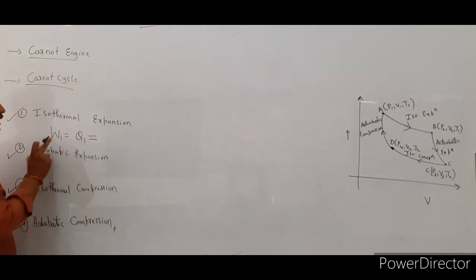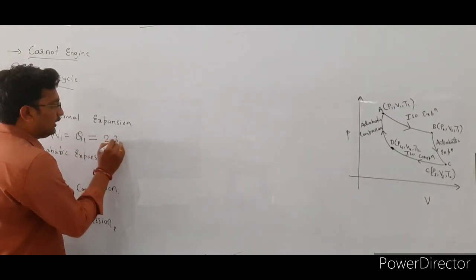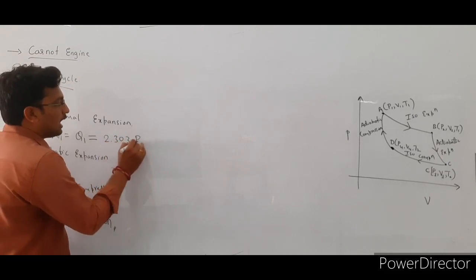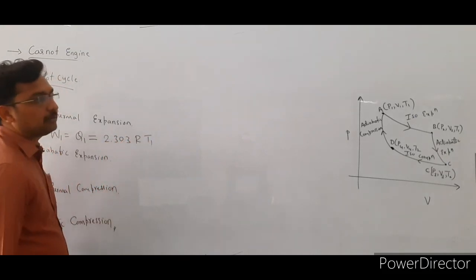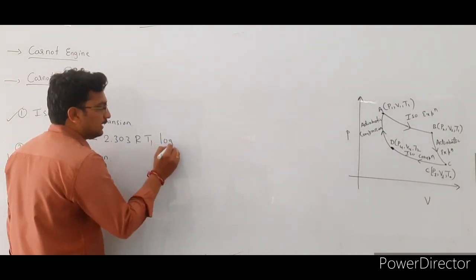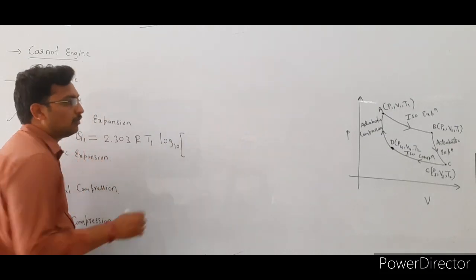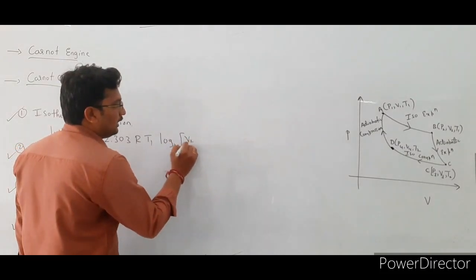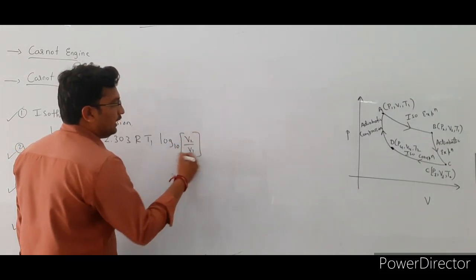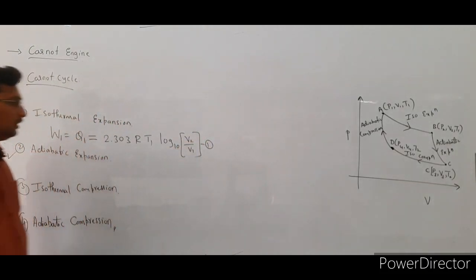So we write W1 is equal to Q1, that is equal to 2.303 RT1 log base 10 of the final volume by initial volume, V2 by V1. So this is our equation number 1.